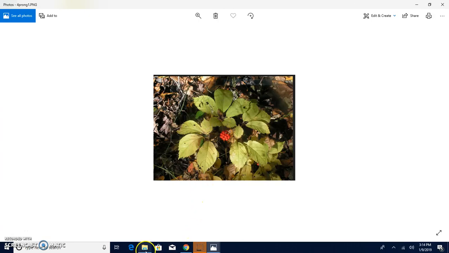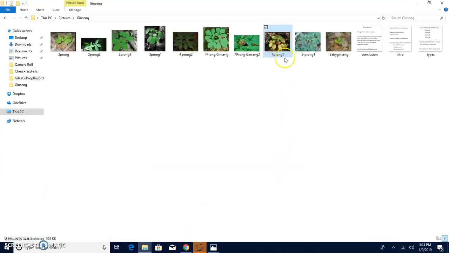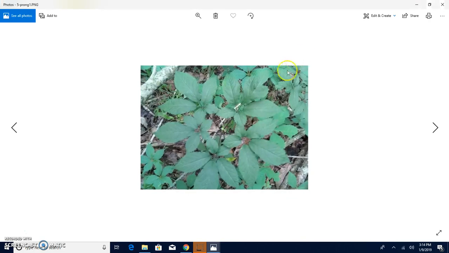Now I've also got a picture of a 5 prong plant, and this is a legitimate 5 prong plant. And you can see that if you take and divide that circle into 5 equal parts, then each one of these prongs will be coming directly off of one of those lines drawn out from the center of that circle.